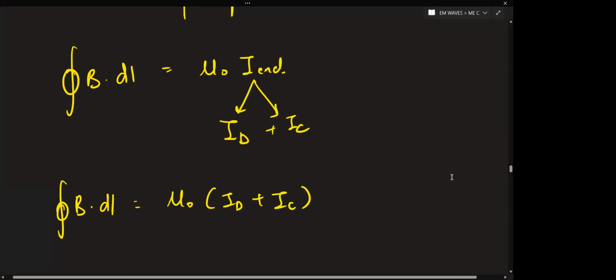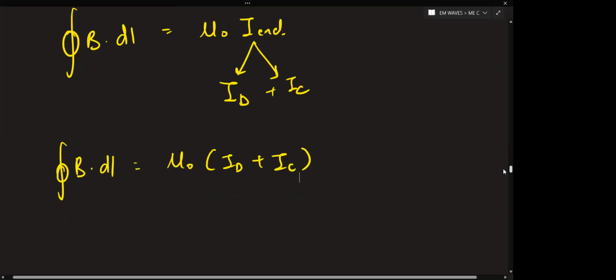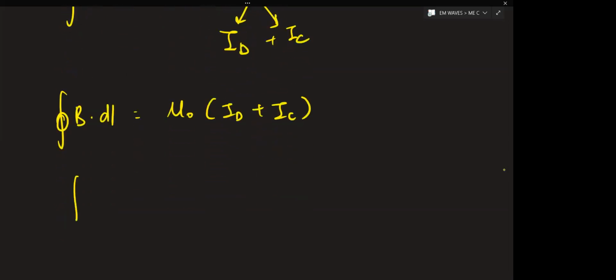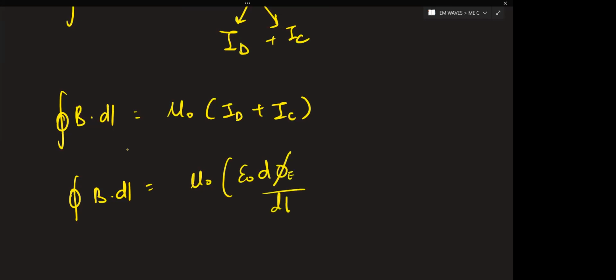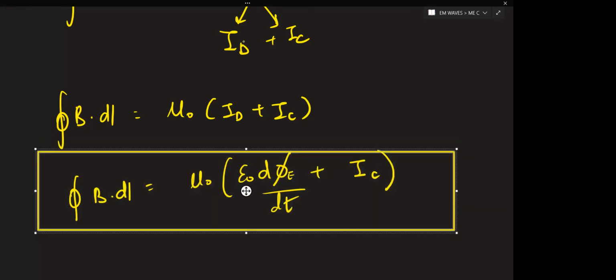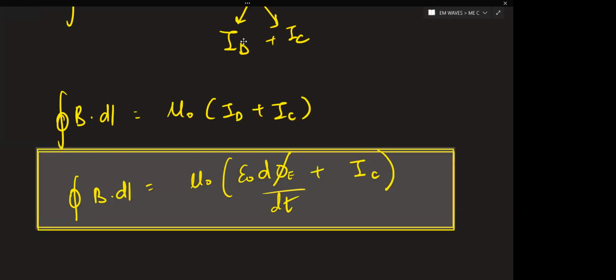Just now we have done the formula of displacement current. So line integral of magnetic field is mu naught times epsilon naught d phi E over dt plus the conduction current. This is the final formula of the modification that has been made by Maxwell in the law of Ampere.